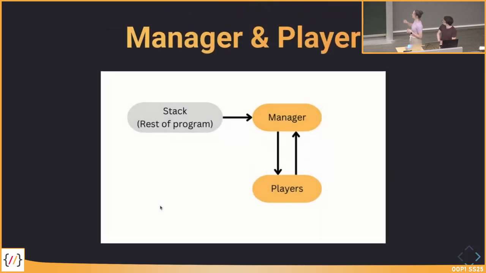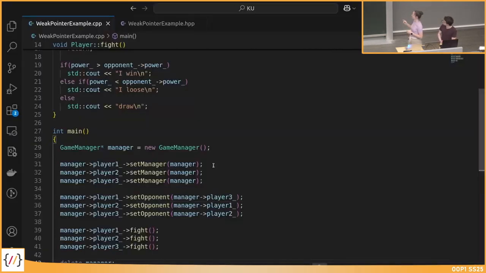So obviously the manager has some pointer to the player, and then if you go to the code with the set manager, we set the manager for the player. So now the player also has a pointer to the manager, and the same down here for the opponents, where we just set for player 1 opponent player 3, player 2 player 1, and player 3 player 2, which is exactly like the visualization.